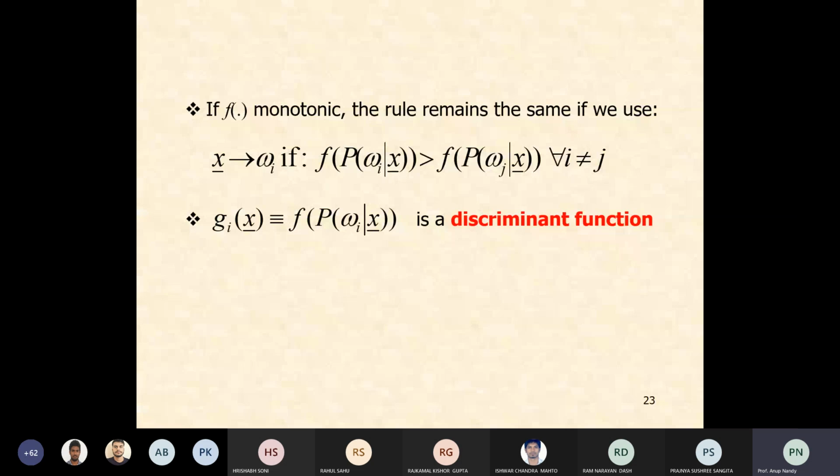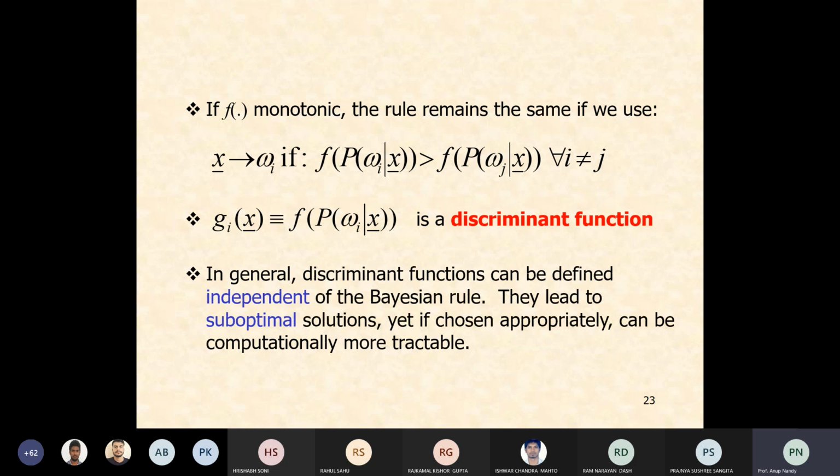If you use gi(x) equal to f(P(wi|x)), where f(.) is a monotonically increasing function, then gi(x) is known as a discriminant function. You can classify x in wi if gi(x) is greater than gj(x) for all j not equal to i.